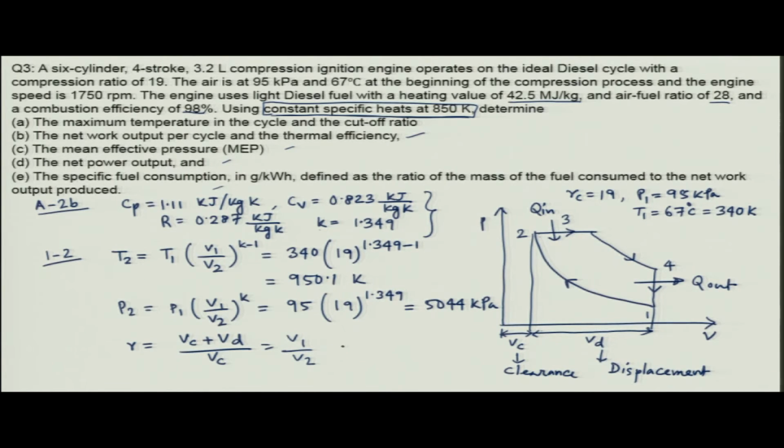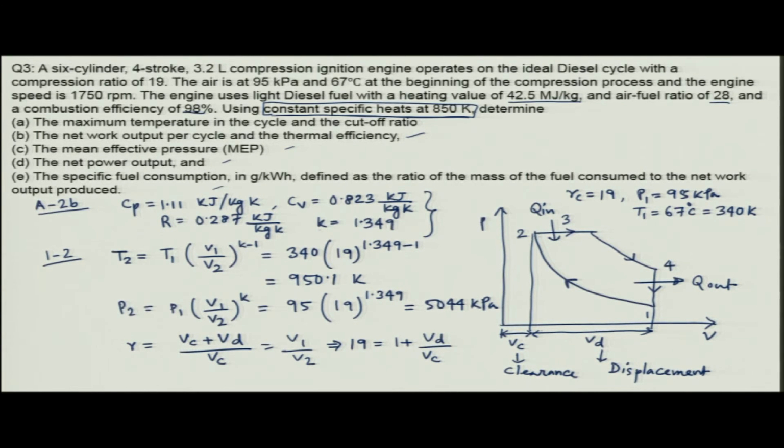So, now I can find Vc from this, because the displacement volume is given. This R is 19, and Vc plus Vd by Vc, I can write as 1 plus Vd by Vc. Now, Vd is your displacement volume.